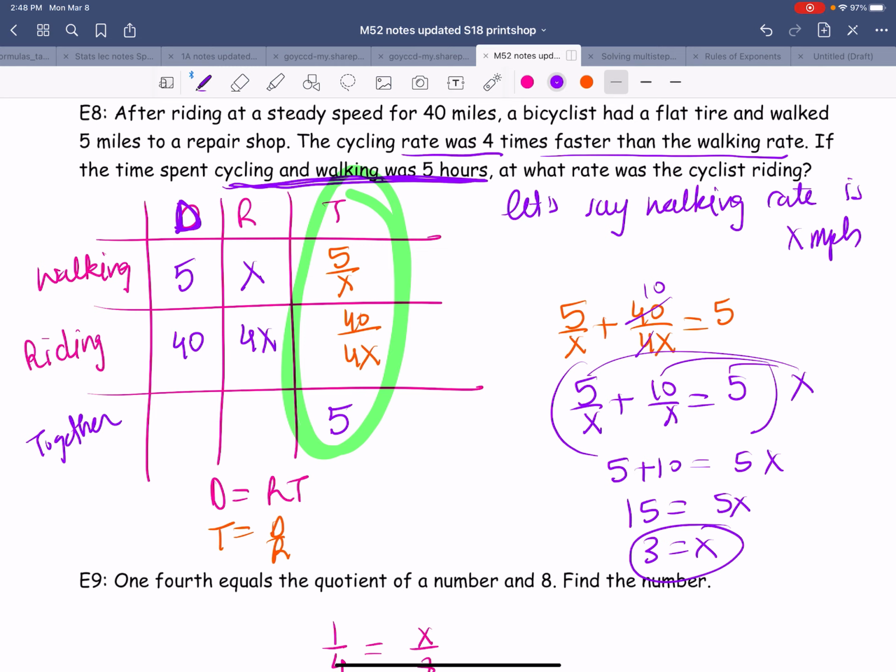So the walking rate would be 3 miles per hour. And the riding rate, that's 4 times 3, that would be 12 miles per hour. Okay, 3 miles per hour and 12 miles per hour.